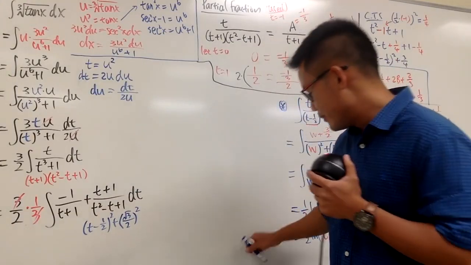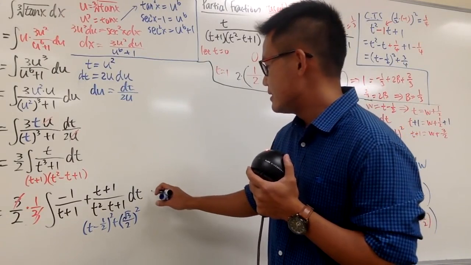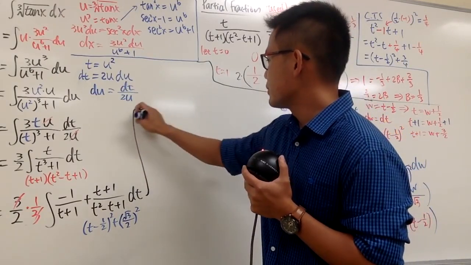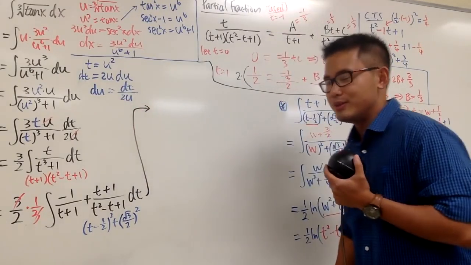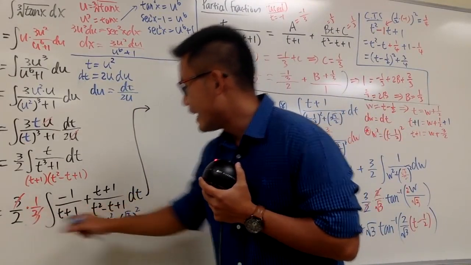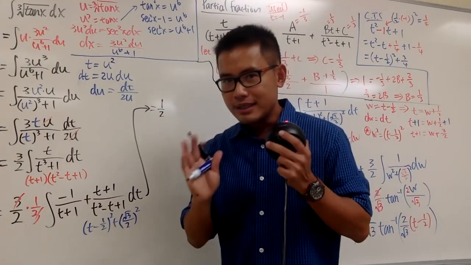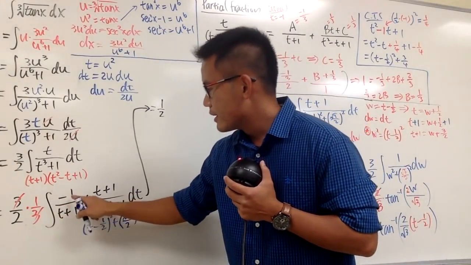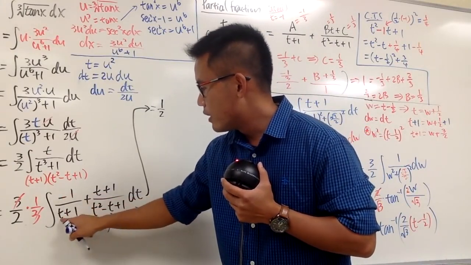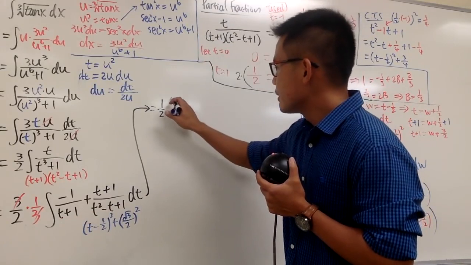And then now we are pretty much ready to go, kind of. There's not really enough space for us to finish all that, but we'll try. First of all, we have 1/2 in the front. Now let's integrate -1 over t plus 1. We know it's going to be ln, so let me open parentheses.